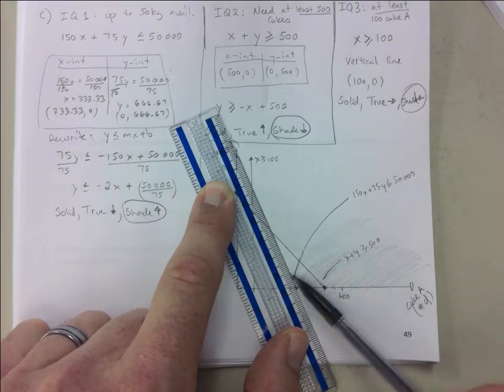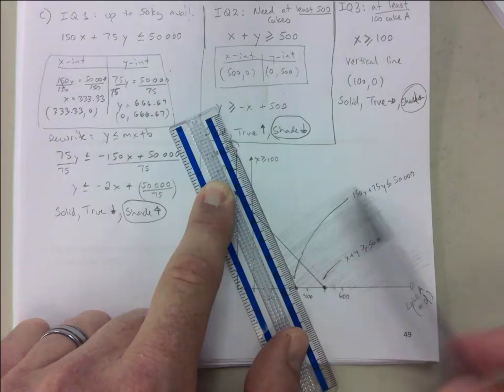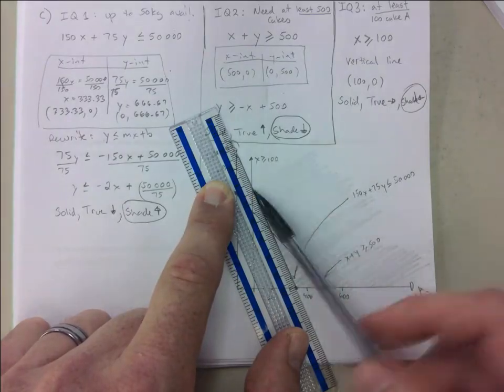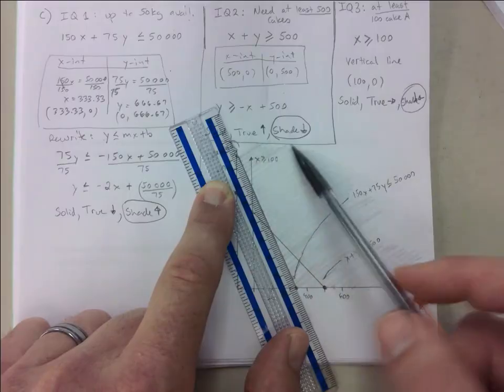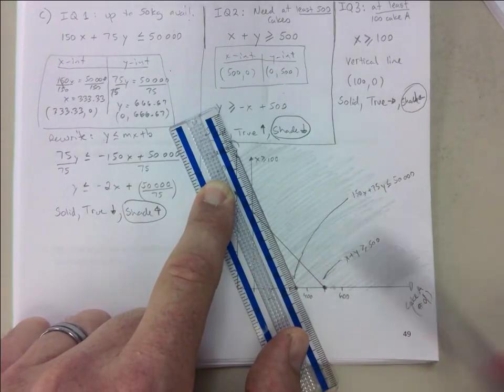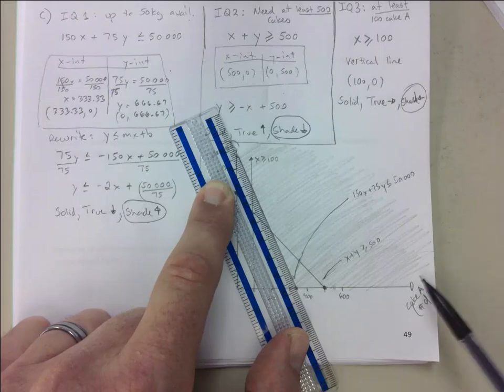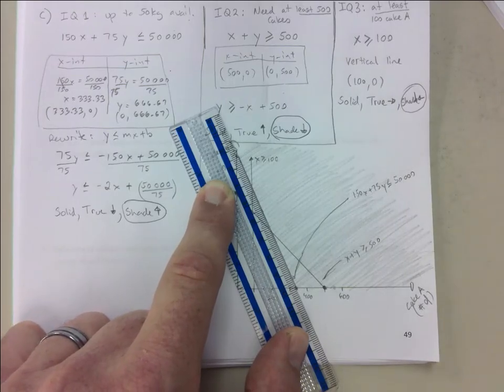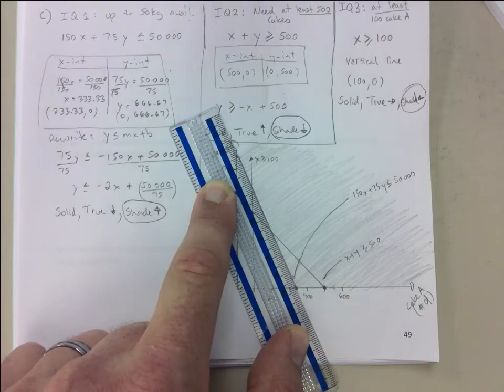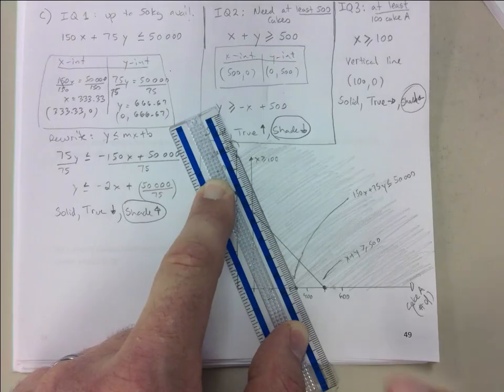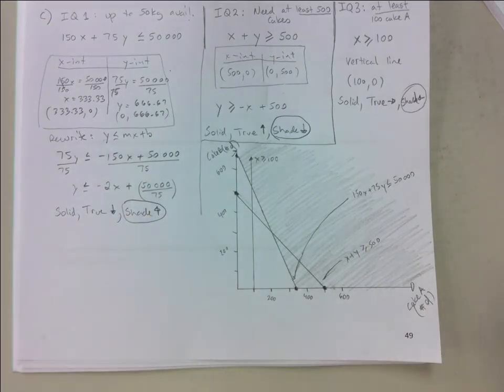So it literally means anything above that line is false. We don't care about that. Okay? So you're eliminating all of that chunk. It's not going to be used for our system.